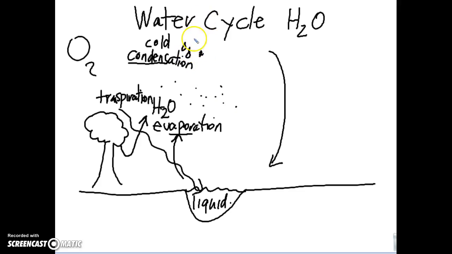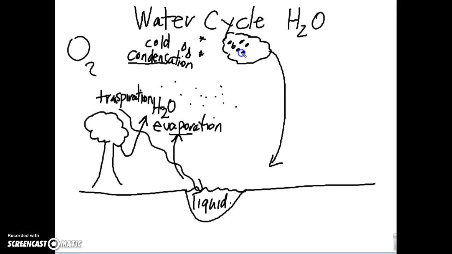So we get liquid up here. And don't forget, it's cold up here, so most of that liquid will freeze into ice. Then we have a cloud that forms because a piece of dust has allowed all of the condensed water to come together into one place.